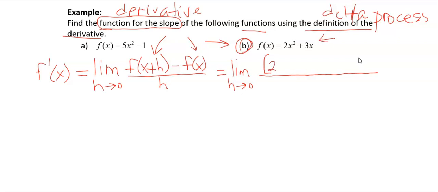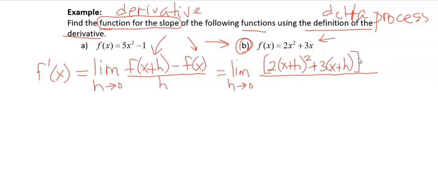This is going to be my first result: 2 times x plus h squared. Now be careful with that. Remember, that's a binomial squared. And then 3 times x plus h.